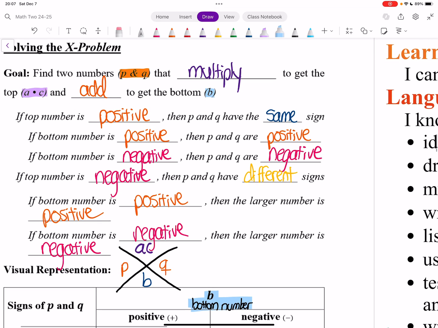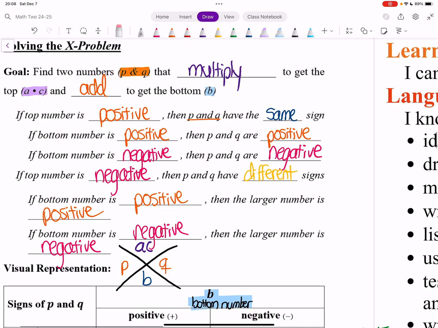If the top number in the x problem is positive, then we know that p and q have to have the same sign. That's because they must multiply to be a positive value. Now, think of positive, same, positive, same. So if the number in the top of the x problem is positive, your two factor pairs will have the same sign, which gives us two options.